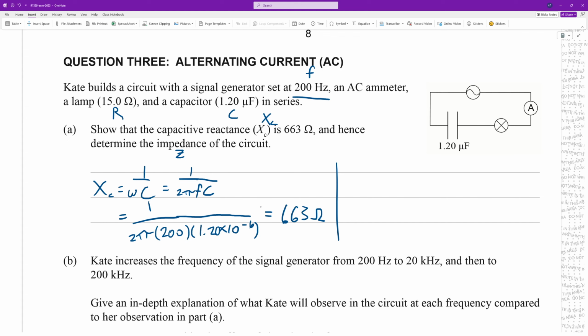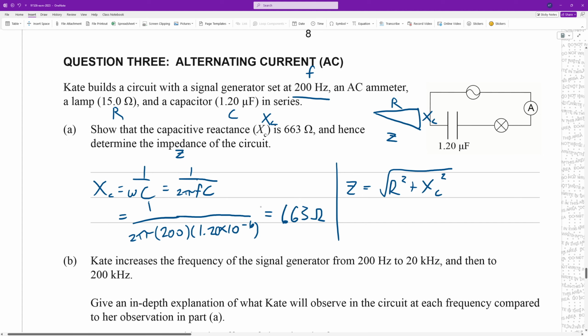So we have a right angle triangle, and to find the impedance, it is the hypotenuse. Z is impedance, this is the resistive part, and this is the reactive capacitance.